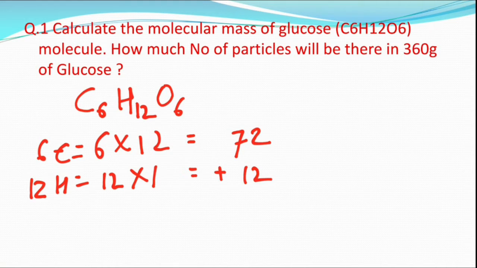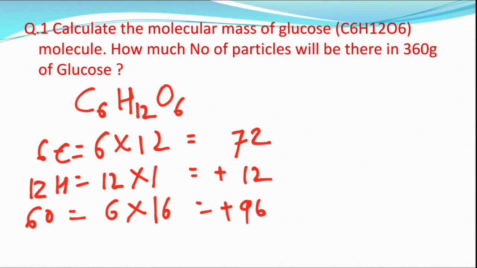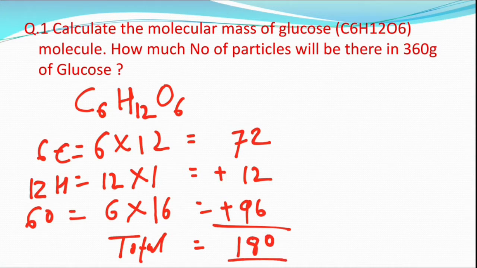Then there are 6 oxygen atoms, and the mass of 6 oxygen atoms will be 6 into 16, which is 96. The total mass is called the molecular mass, and it is 180. So 180 u is the molecular mass of glucose.